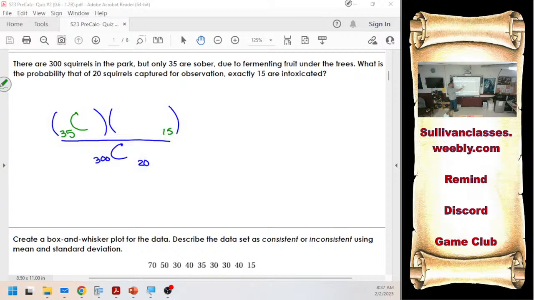Because 15 are going to be intoxicated. That means 5 of them are sober. So, how many drunk squirrels are in this park? 265. If there's 35 that are sober out of the 300, then there's 265 drunken squirrels.